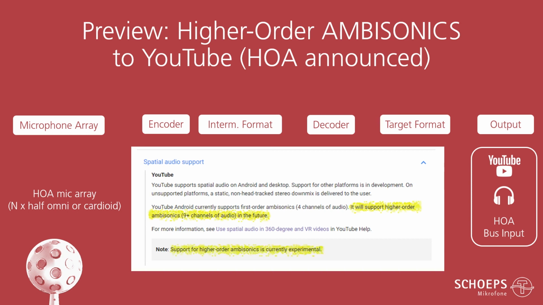They also note that the support for higher order Ambisonics is currently experimental. So I think there might be some examples already on YouTube where they use third order Ambisonics. And also the Jump Inspector, which is the Google 360-degree video player, is already equipped with third order Ambisonics as a bus. So we all wait for YouTube to do this and have proper higher order Ambisonics for YouTube, and this will definitely come in the future.